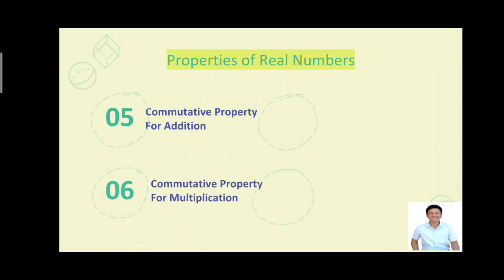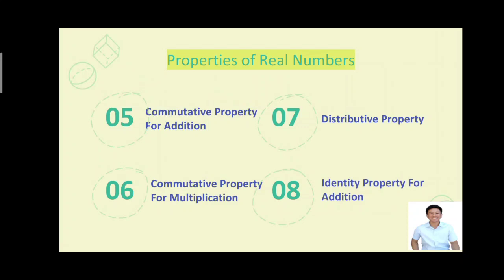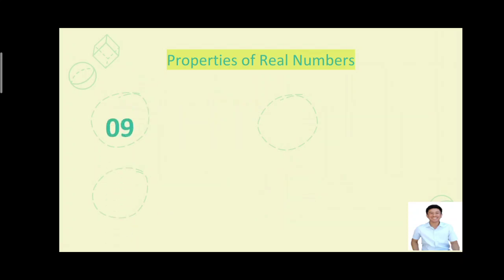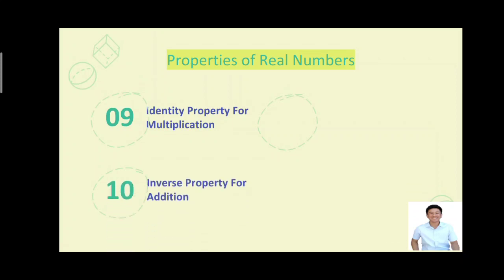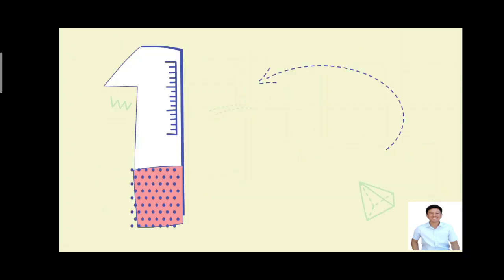Sixth, commutative property for multiplication. Seventh is the distributive property. Eighth is identity property for addition. Ninth, identity property for multiplication. Tenth, inverse property for addition. Eleventh, inverse property for multiplication. Those are the properties of real numbers.